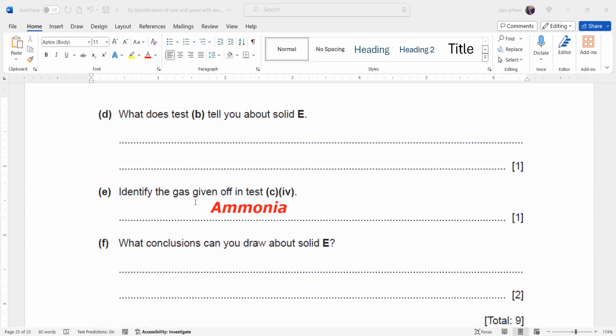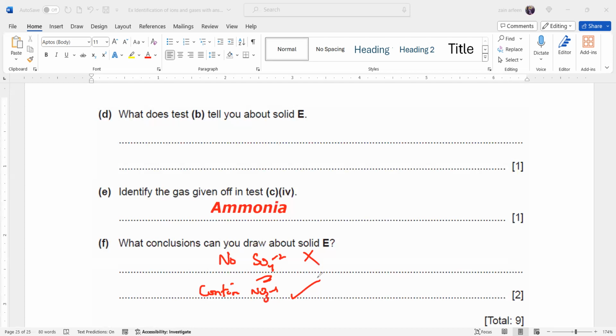What conclusion can you draw about solid E? We already know it contains aluminium. There is no sulfate. How do we conclude that? Because the test for sulfate was negative, and there was a positive test for nitrate.